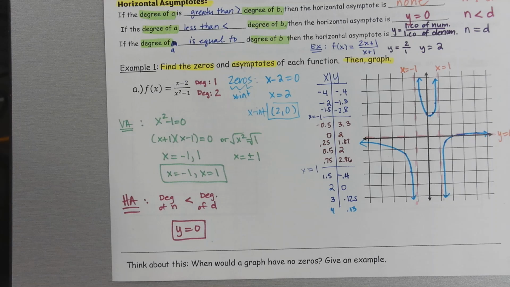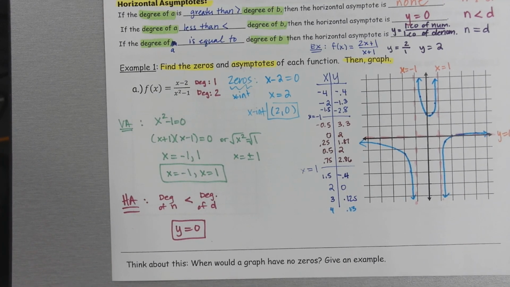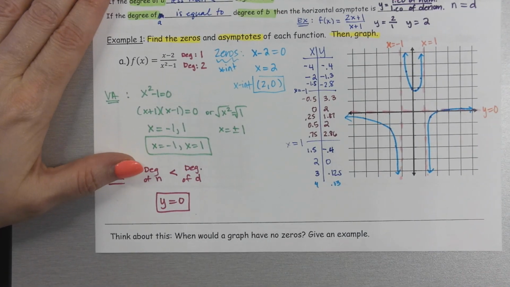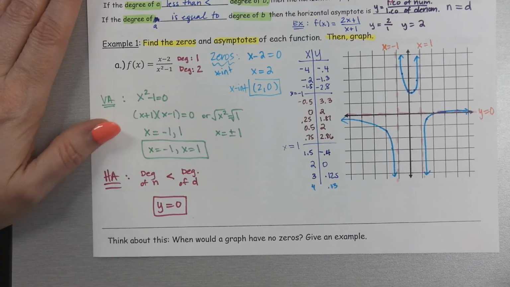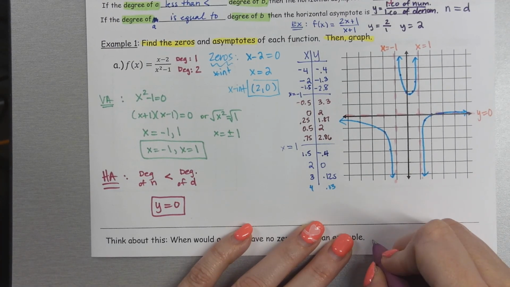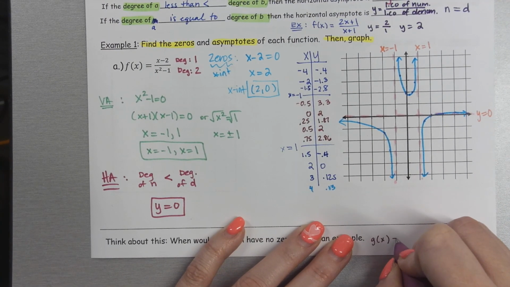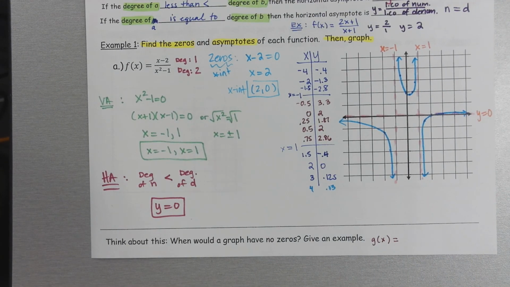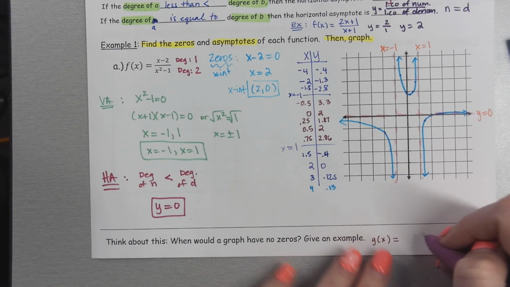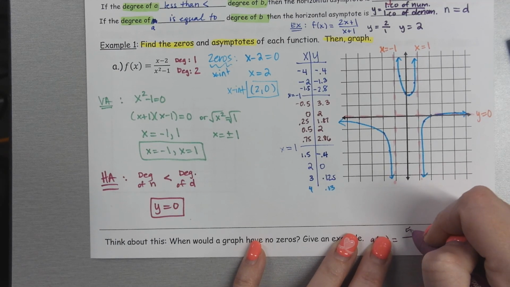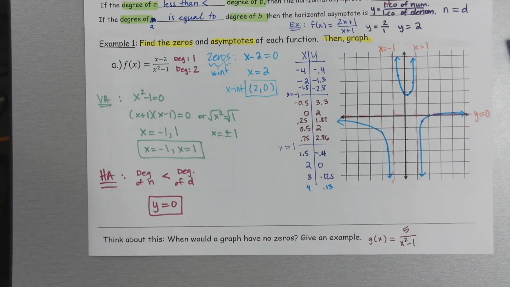Okay. And then I just asked you to think about this. So when would a graph have no zeros? Okay, so if you're solving for, we'll call it g of x, if you are solving for the numerator to find the 0, what if you had something like 5 over x squared minus 1?